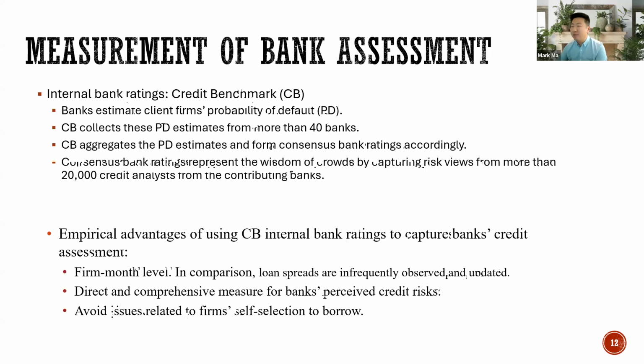I could be wrong, Ben probably knows this better, but I believe they are existing lenders. Not all of the 40, but only existing lenders have credit risk assessments of their clients. Maybe a firm has loans from 5 banks, so they collect the information from these 5 banks and calculate a consensus from them.